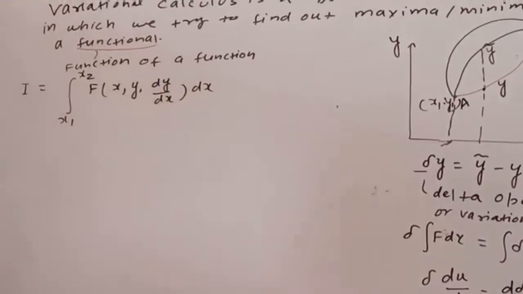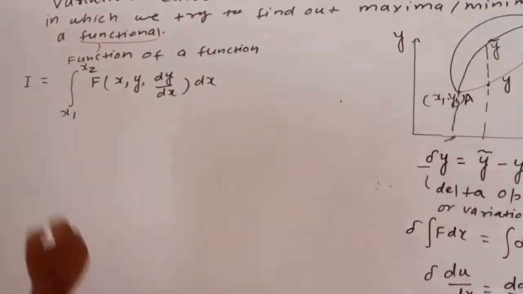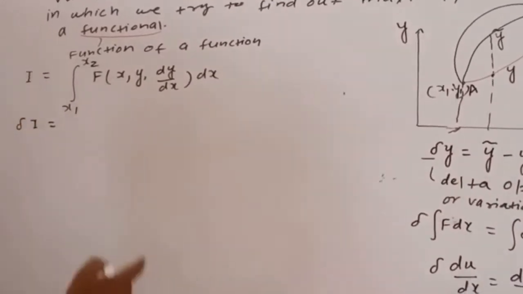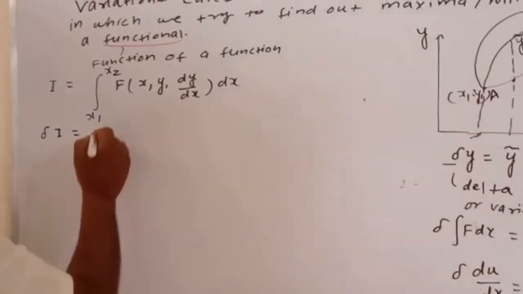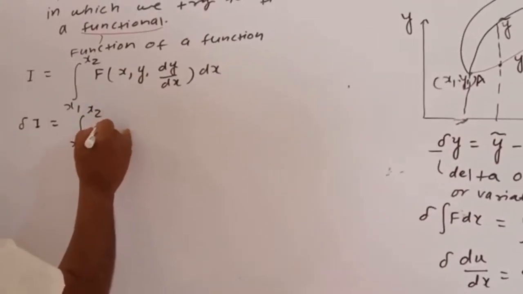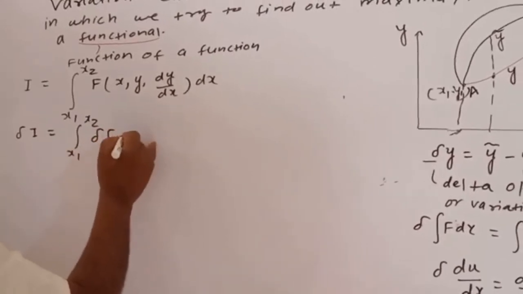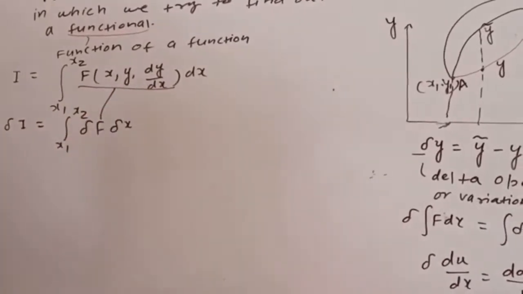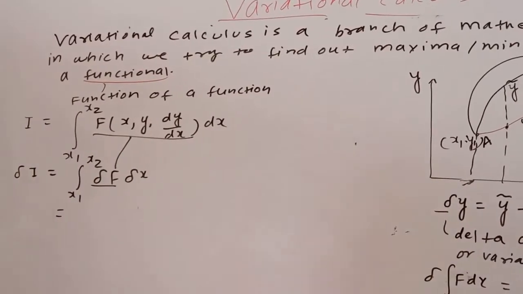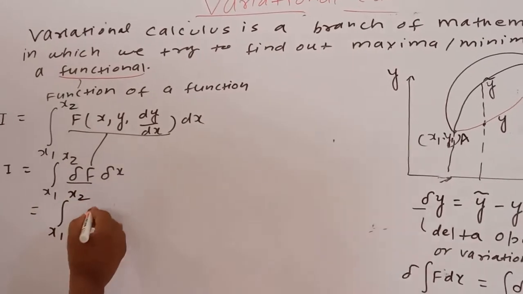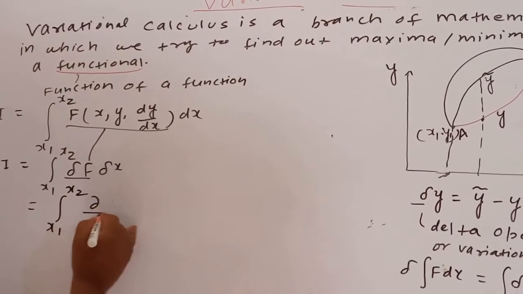Now with the variational operator, we can write from x1 to x2, here we are writing just f. So we can write this one like x1 to x2, and delta of this one.